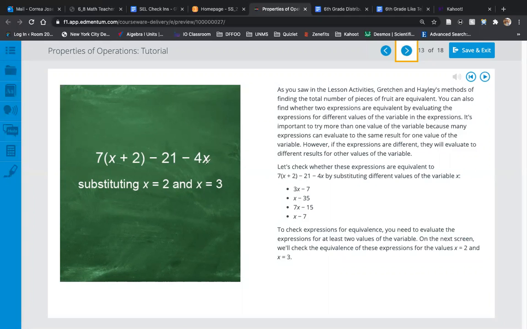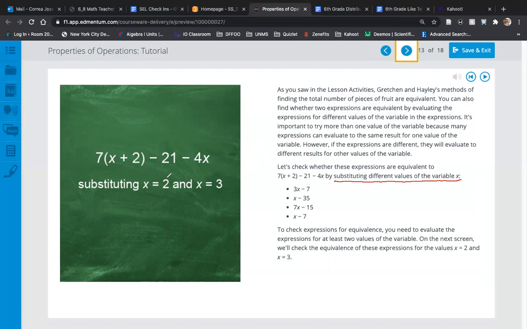Mathematically, we can try to reduce and simplify this expression to see how else I could write it, right? I could distribute here first. I could subtract this 21, figure out how to combine these terms, right? But what it's saying here is that you can also substitute different values of the variable x to see if they are the same value, right?